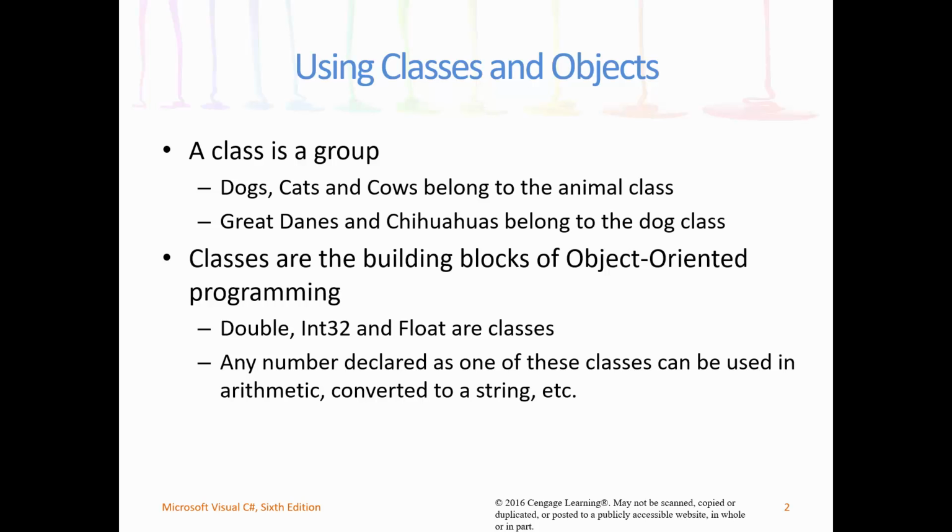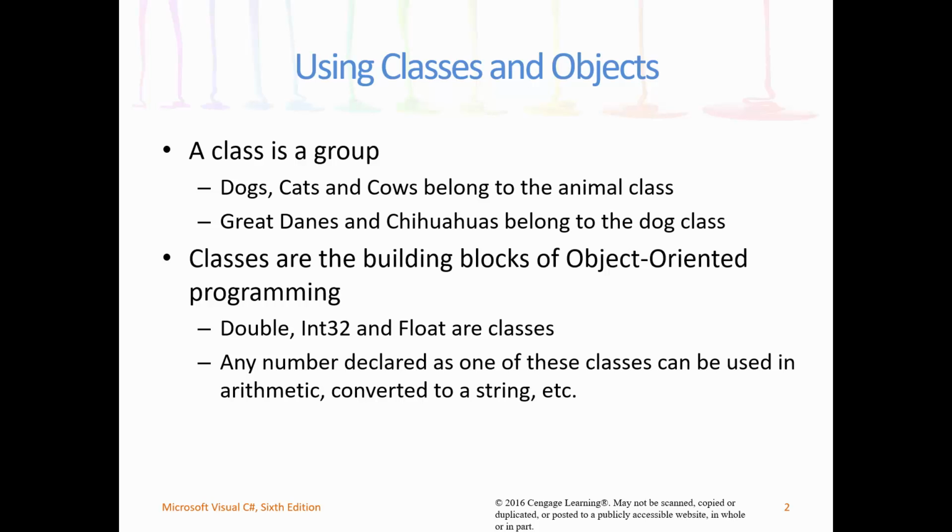All right? So classes, as mentioned there, are basically the building blocks of object-oriented programming, where classes represent blueprints. Every time you create something of that class or an example of that class, that's known as an object. In fact, the idea of creating an object from a class is called instancing the class or instantiation.